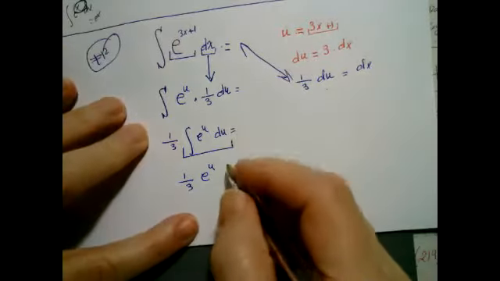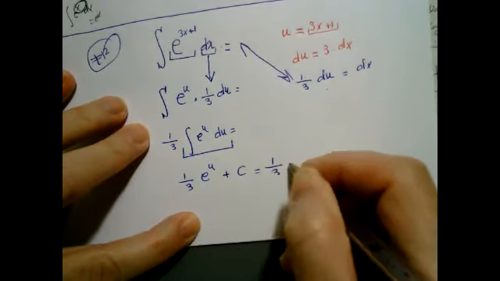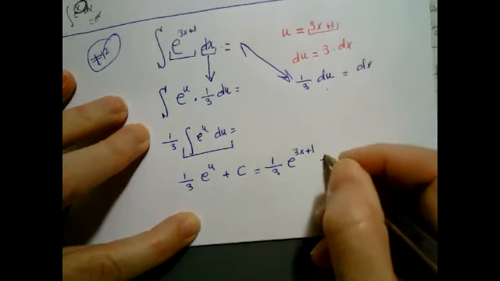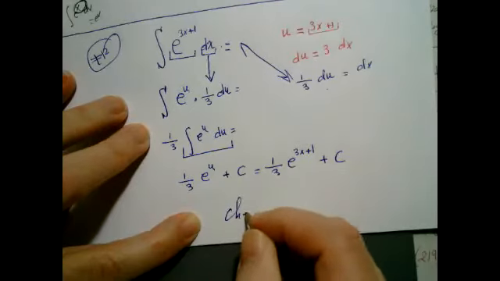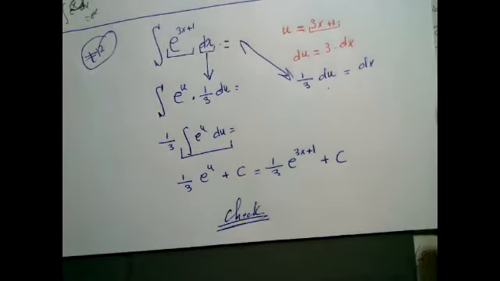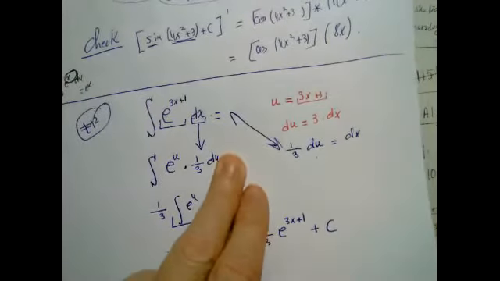You evaluate it, plus c. And then you can check it. You guys check it because it's good practice for the chain rule. All right, so let us proceed. I'm thinking of those problems as drill problems for you to totally get substitution.